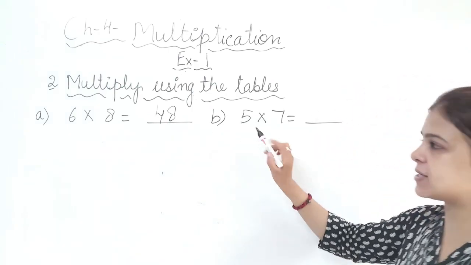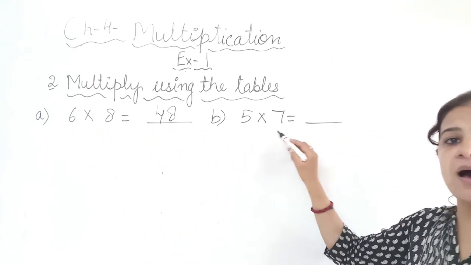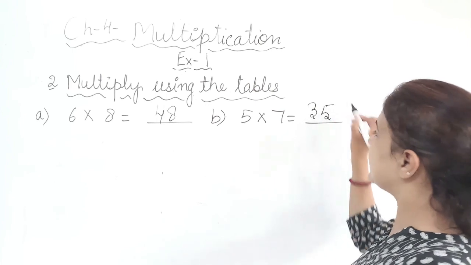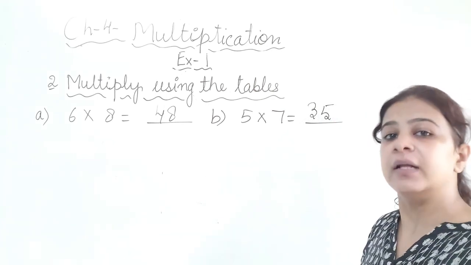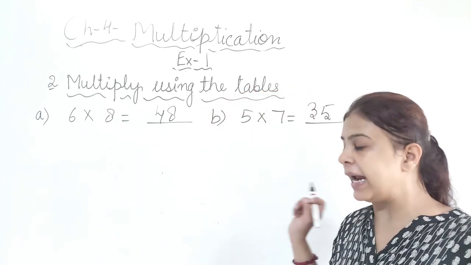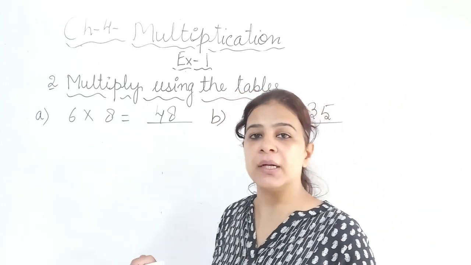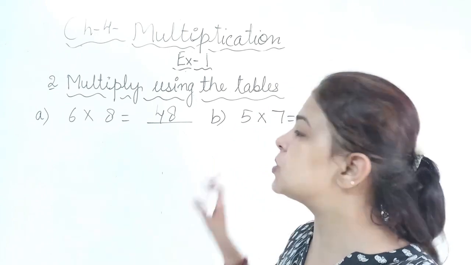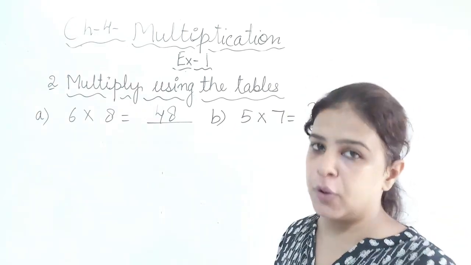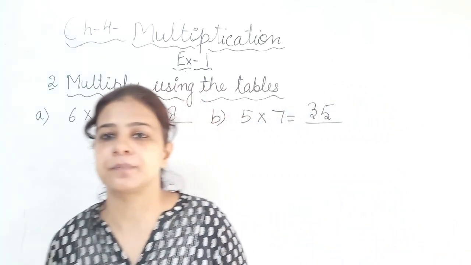Now coming to the next question. 5 sevens are 35. So what have I written? 35. In the same way questions are given from A to P. So you all will do these questions in your maths time book. Okay children?